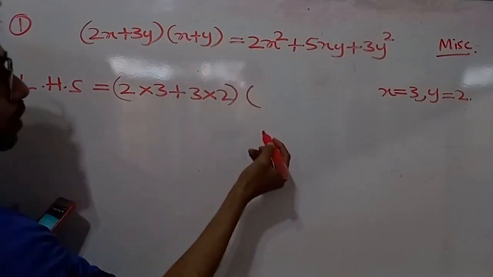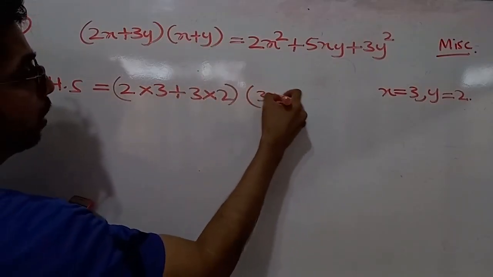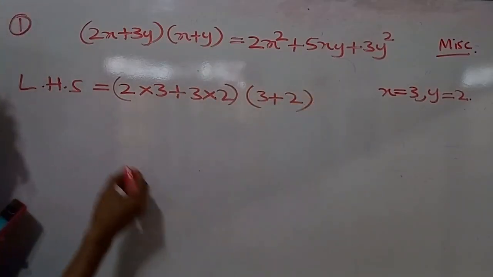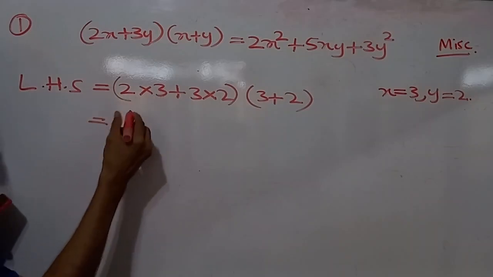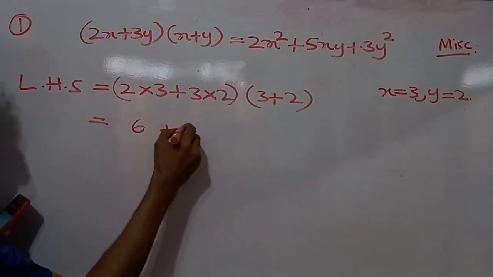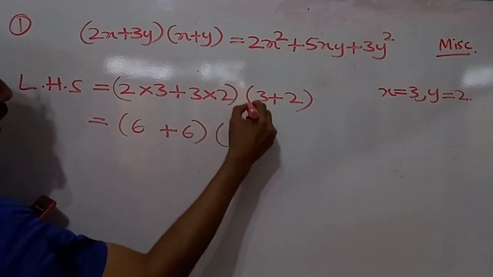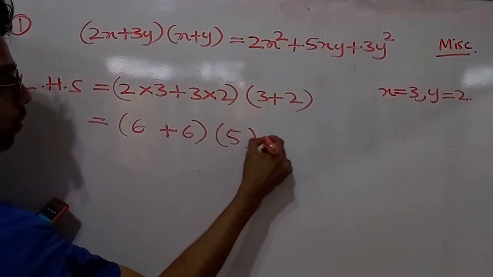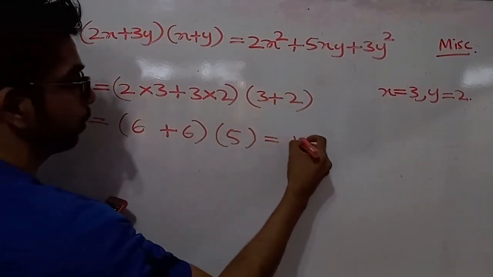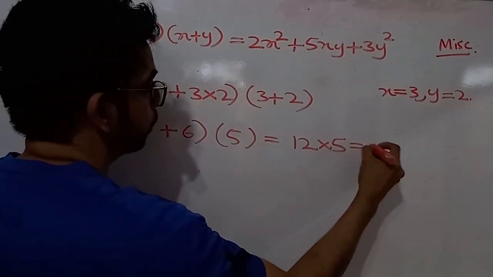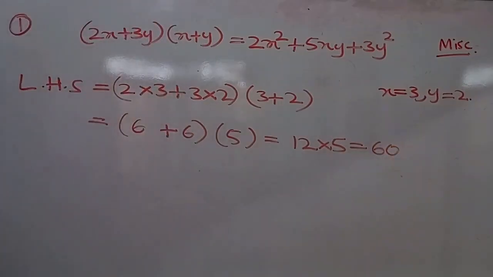Then x plus y, x is 3, y is 2. So 2 times 3 is 6, 3 times 2 is also 6, 3 plus 2 is 5. So here we get 12 into 5, so we get 60. So left hand side is 60.